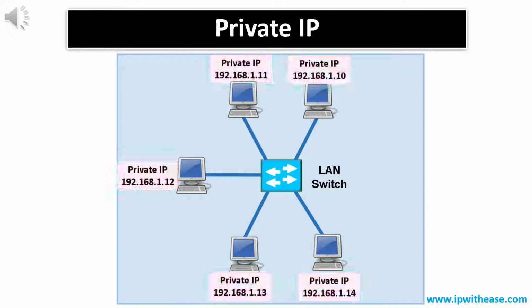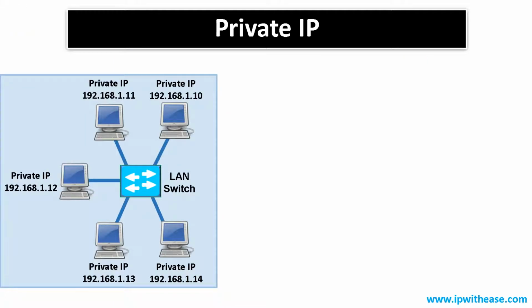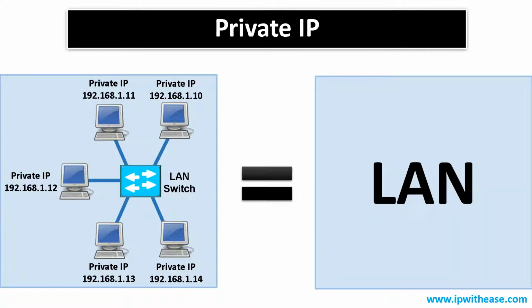As shown in the scenario, a unique private IP address has been assigned to each computer within the LAN, and as we see, they are comfortably able to communicate with each other. Considering the limited scope of private IPs, we may clearly state that private IP scope is within a LAN.